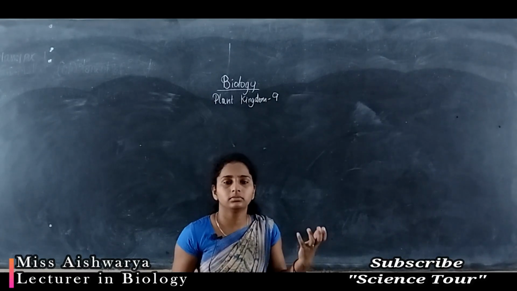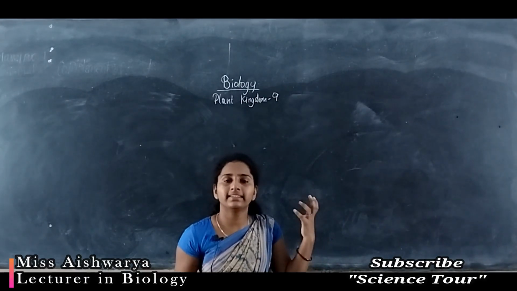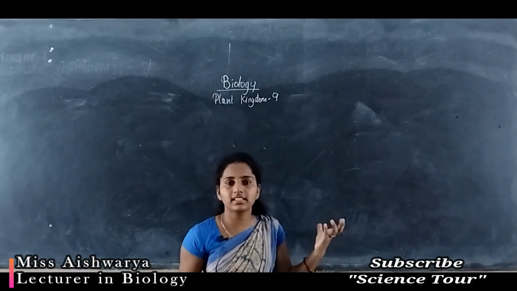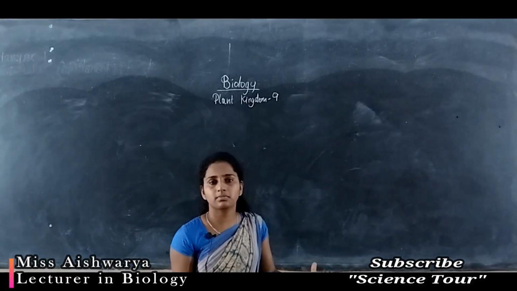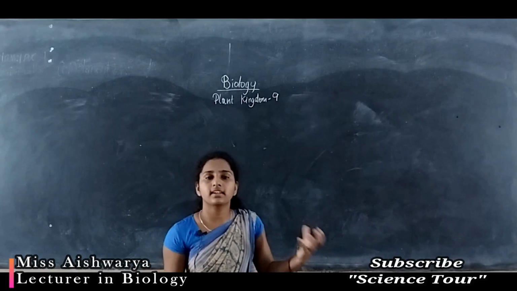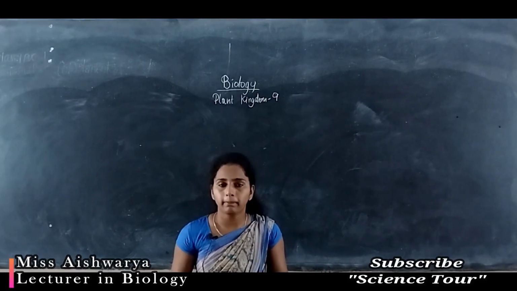Even mustard, brinjal and lady's finger are examples for dicotyledonous plants. And grass, rice and wheat are examples for monocot plants.